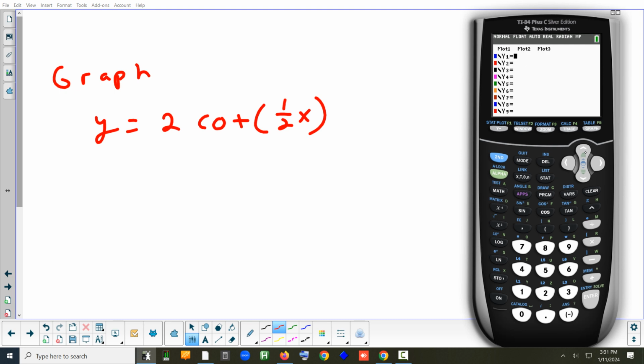All right, so Jake, can you tell me how I am going to type in 2 cotangent 1/2 x? Would you just type in 2 cotangent 1/2 x? Okay, so what buttons would I press?